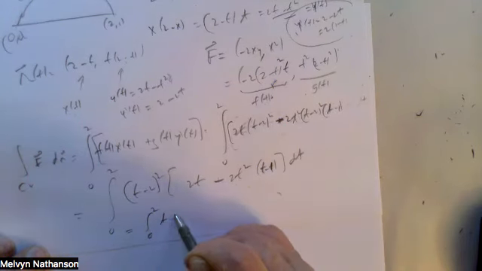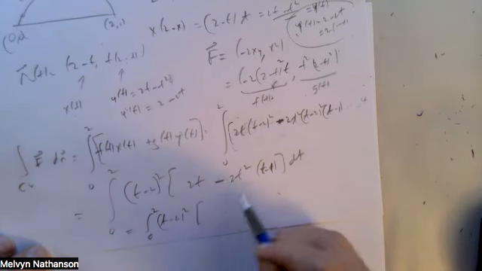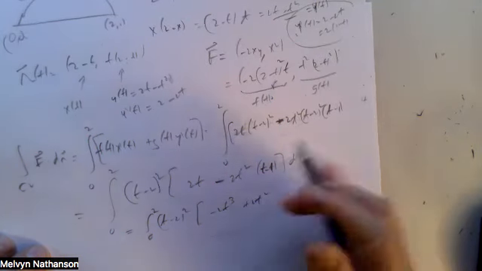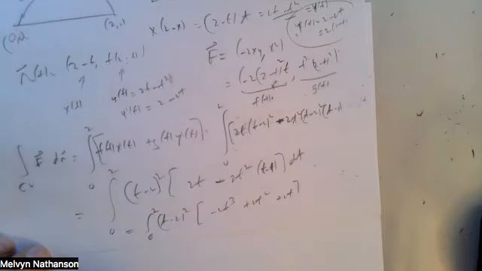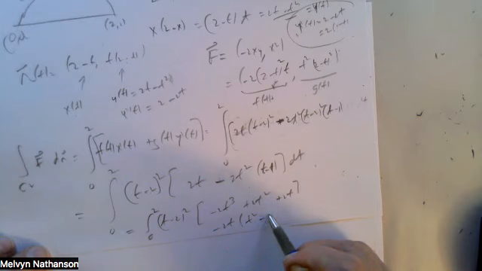This is minus 2t cubed plus 2t squared plus 2t, which is the same as minus 2t times (t squared minus t minus 1).